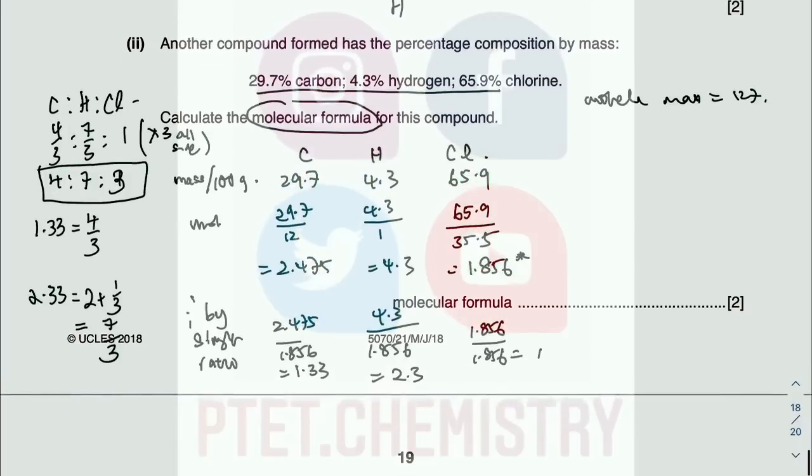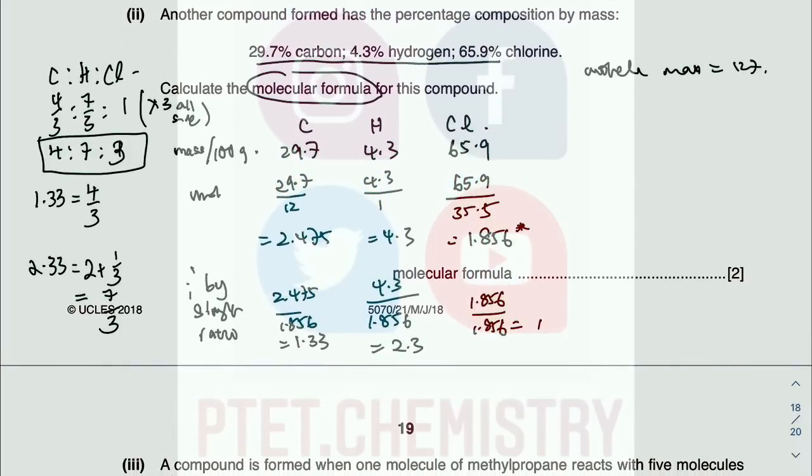Let me think. That doesn't work out, because the molecular mass is only 127. I was wrong, I guess. I must be wrong. That means all of this is just wrong, because if I have that, then why did they tell me the molecular mass was 127?